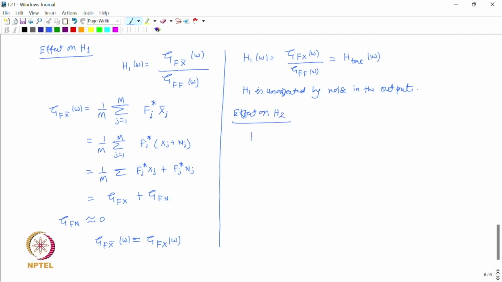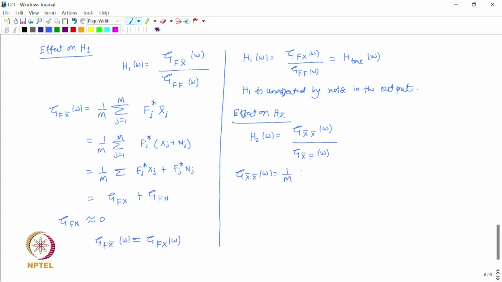right. So now H2 is given by G x bar x bar omega divided by G x bar f, and let us now look at what is G x bar x bar omega.